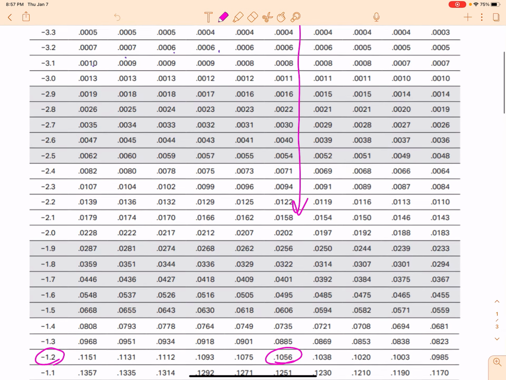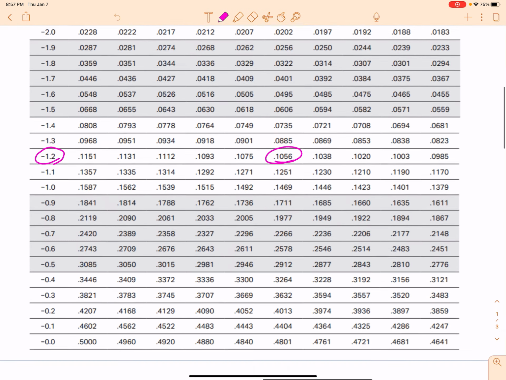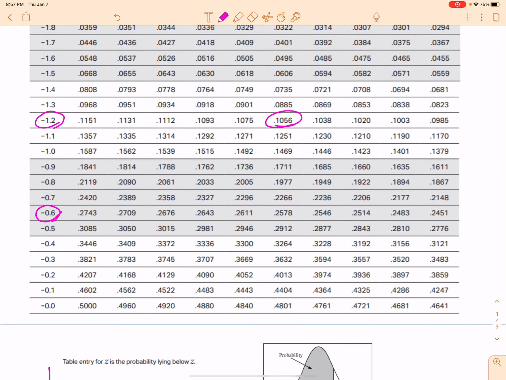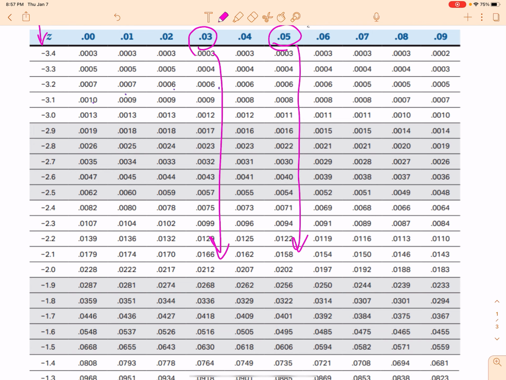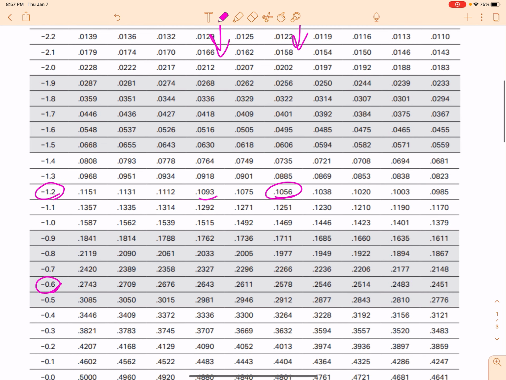So I'm going to scroll up here, negative 0.6, and then 3 would be right here. So 0.10. Oh, that's not right. Oh, I didn't go far enough. Okay, that's what I meant. 0.2643.